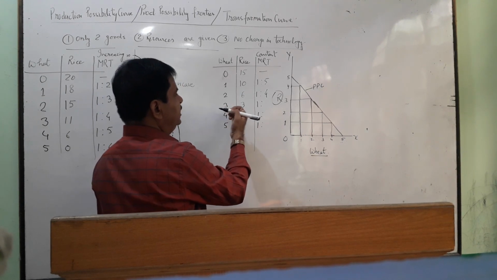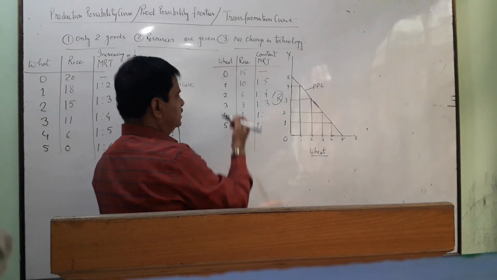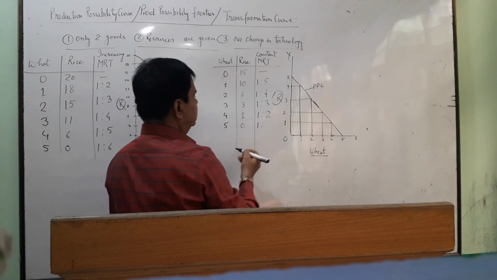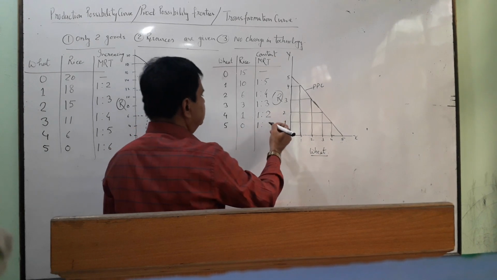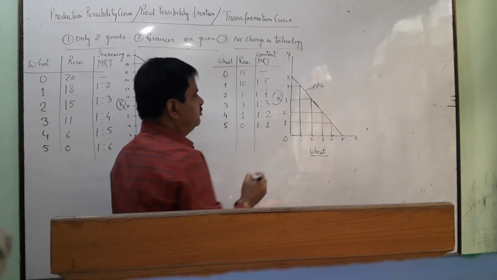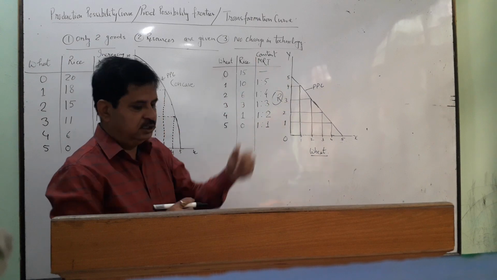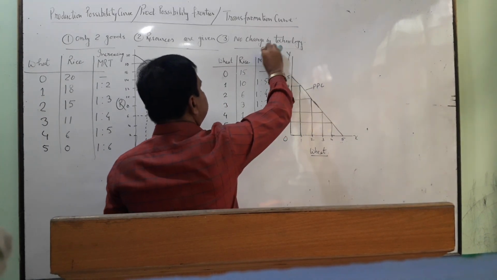Again for 1 unit of wheat, we have to sacrifice 3 units of rice. For 1 unit of wheat, 2 units of rice, and for increasing 1 unit of wheat, we have to sacrifice 1 unit of rice. Now you see here the MRT is diminishing, is decreasing.